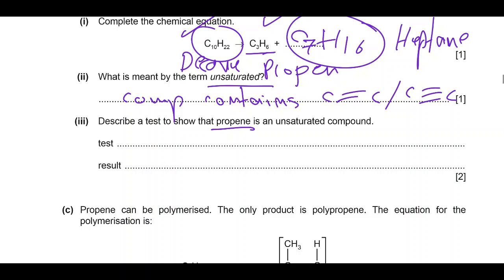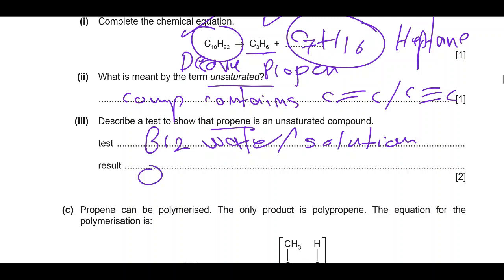The test is bromine water, or bromine solution. The result: the color of bromine will be decolorized from orange or yellow to colorless.